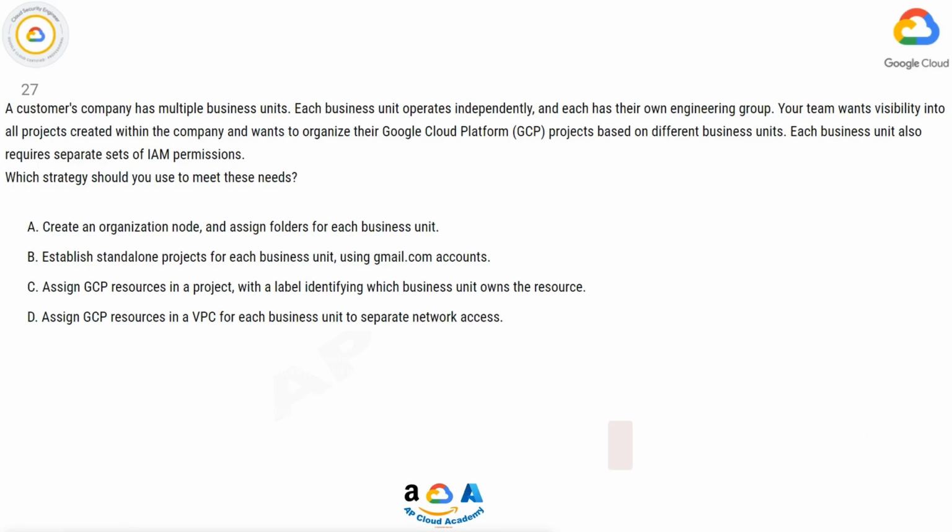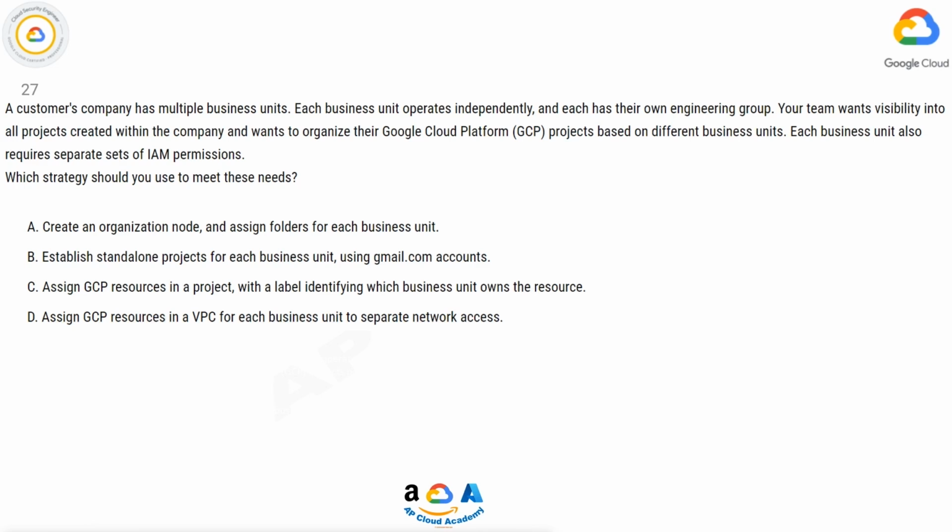27. A customer's company has multiple business units. Each business unit operates independently, and each has their own engineering group. Your team wants visibility into all projects created within the company and wants to organize their Google Cloud Platform, GCP, projects based on different business units. Each business unit also requires separate sets of IAM permissions. Which strategy should you use to meet these needs?